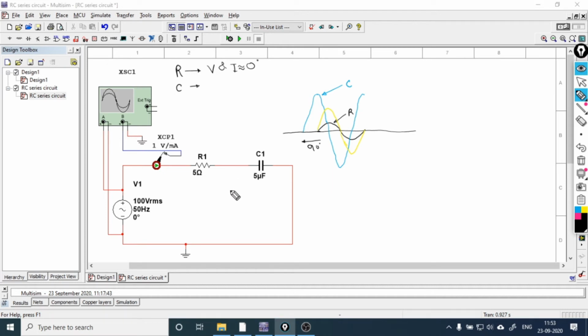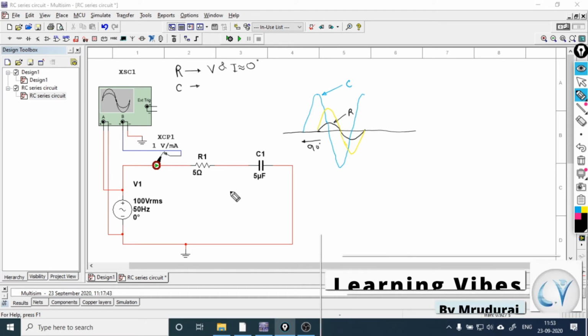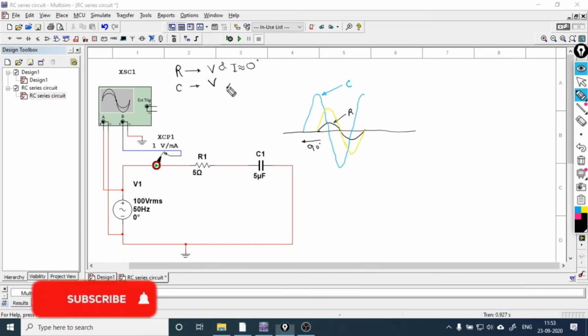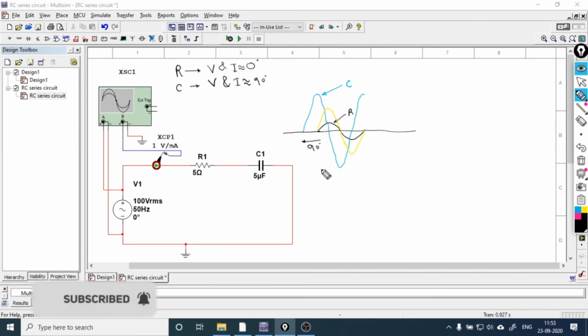With this we can make some conclusions, but before finalizing our analysis, let's write over here that it's almost 90 degrees. Before making conclusions, let us make some more changes to this circuit.